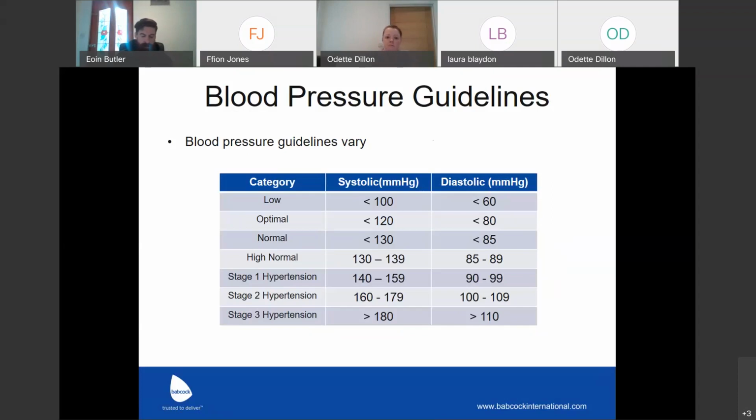So what we tend to do when you take a blood pressure reading is take 3 readings. Take the first reading. The first reading might be, for example, 142 over 92, which puts them in that stage 1 hypertension bracket. So straight away, alarm bells a little bit. Stage 1 hypertension, right? We're looking to refer them to the GP. However, give them a minute, maybe 2 minutes.